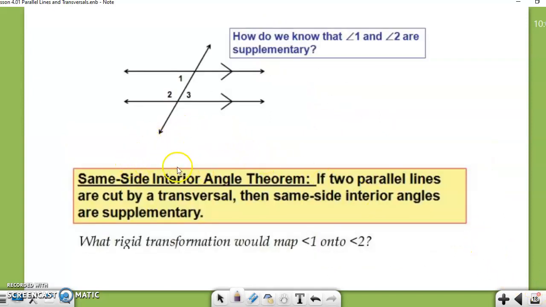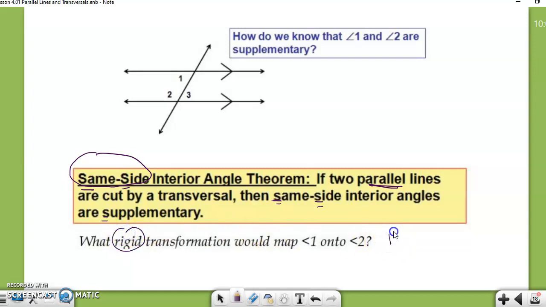Now our same side interior angle theorem says if two parallel lines are cut by the transversal, then the same side interior angles are supplementary. There is no rigid transformation, not a rigid one.